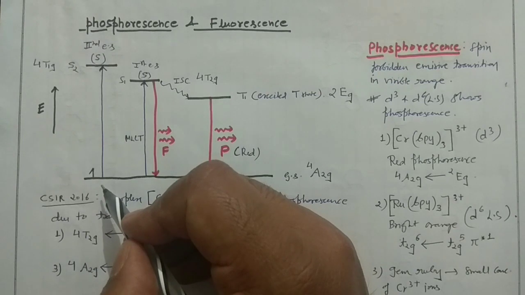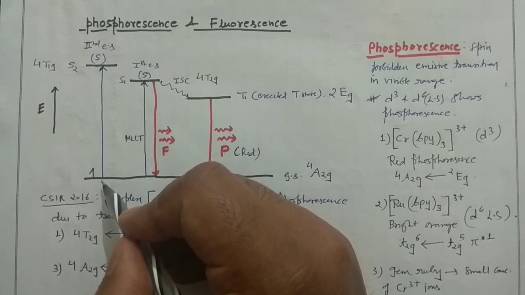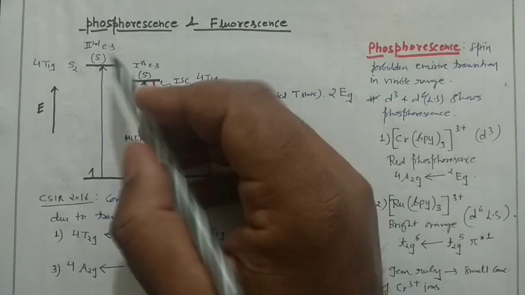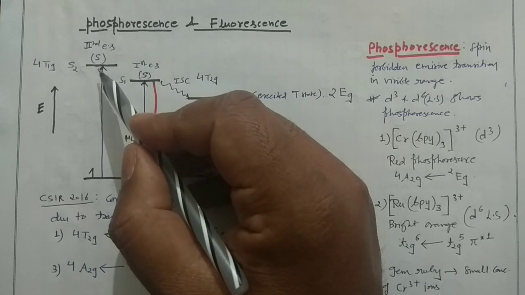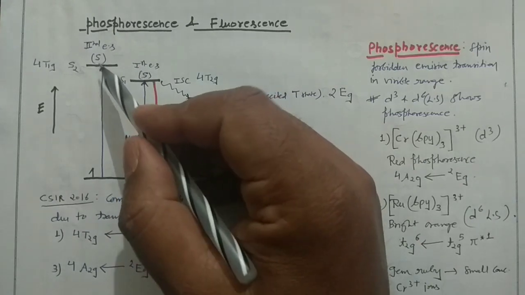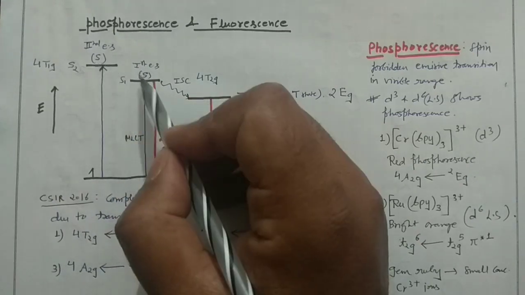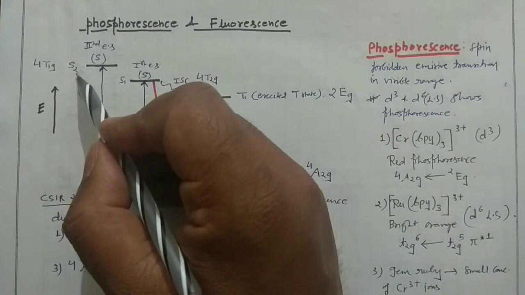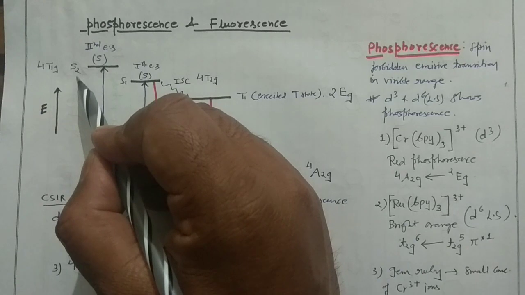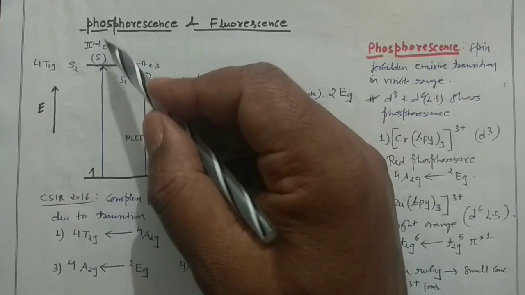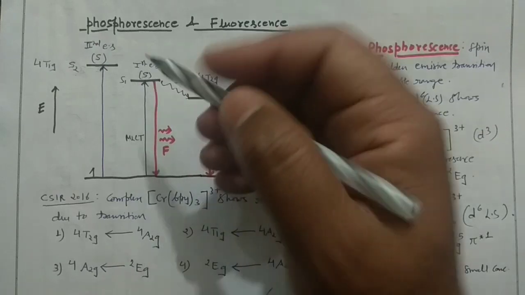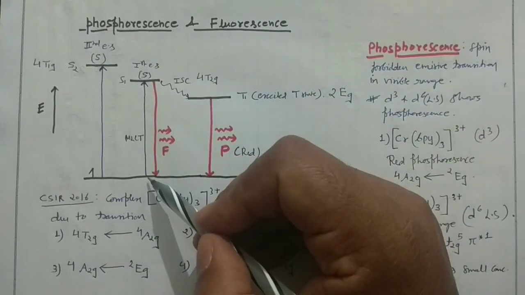You know there are two types of states based on spin multiplicity. So if your ground state is singlet, then your excited state is also a singlet one, and this is the second excited state, also a singlet excited state. So S represents the singlet here, okay, and S1 is the first excited state and S2 is the second excited state, okay. There may be a third, fourth, and many more, but before going into the detail of this, you should focus on this particular one, right?